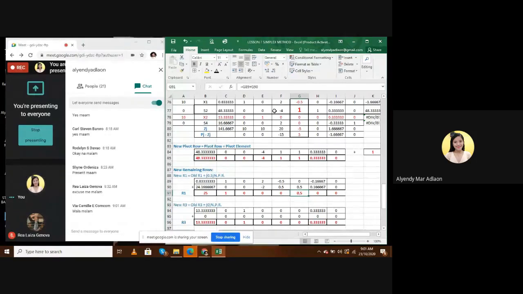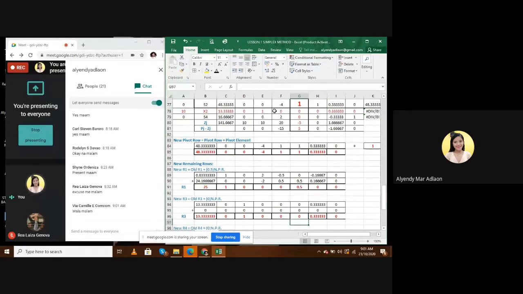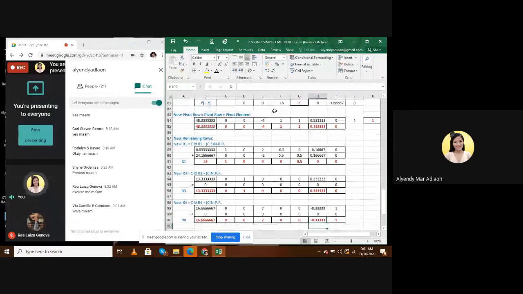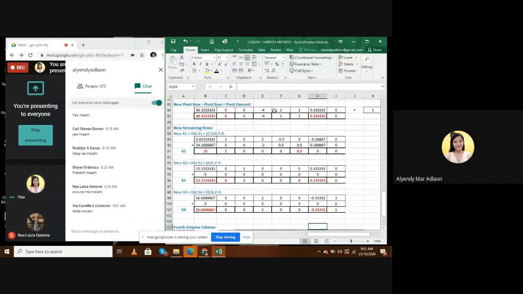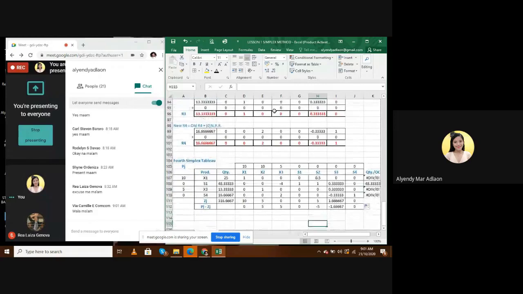Row 1, row 3, 1/3, and then row 4, 16, 002, 00, negative 3. Okay, so for here, 10 minus 10.